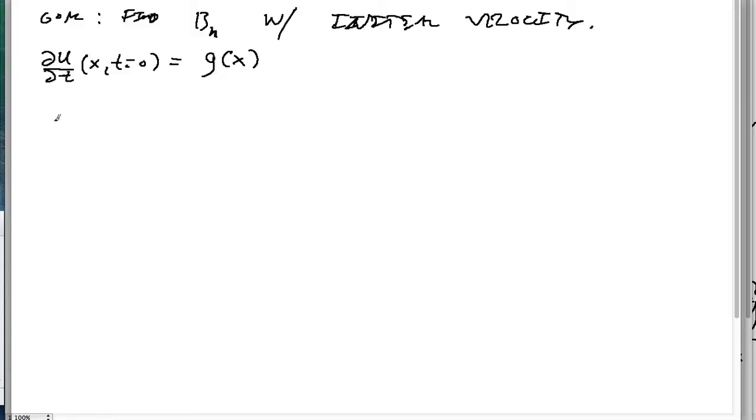All right, and we know that u of x comma t now is going to be this sum from n equals 1 to infinity of sine n pi x over L times the quantity an's, which we know now they're the orthogonal projections onto f of x, our initial position.